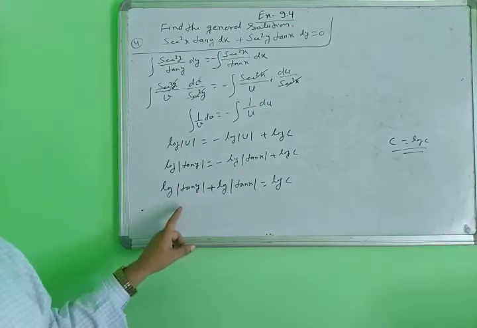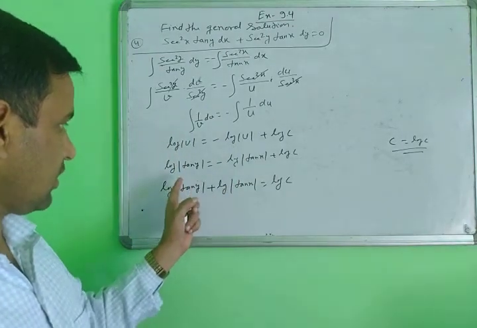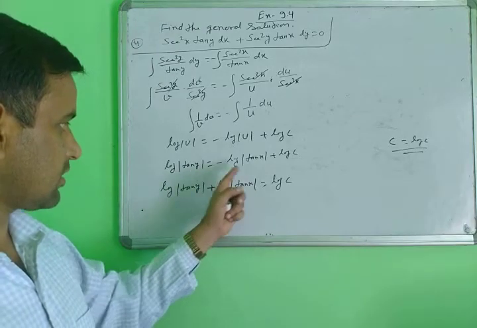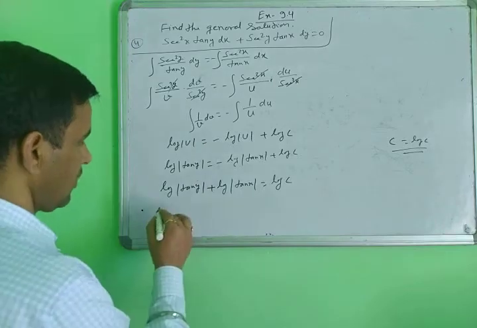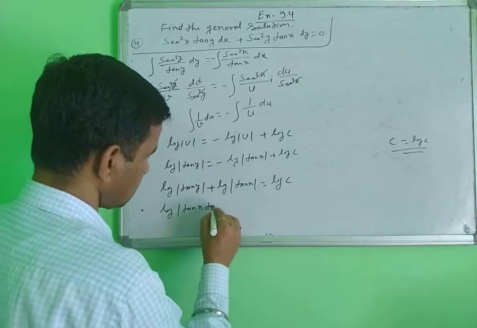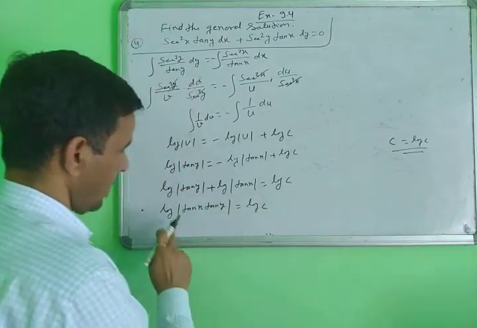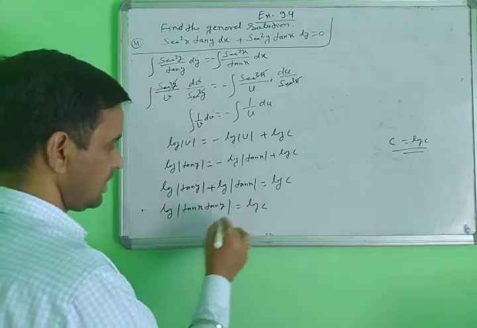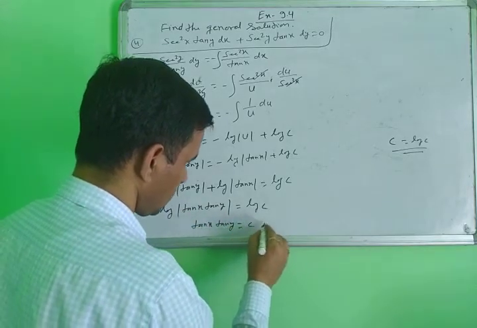According to the property of log, log m plus log n equals log of m n. So log of tan x into tan y equals log c, and eliminating log on both sides, tan x tan y equals c.